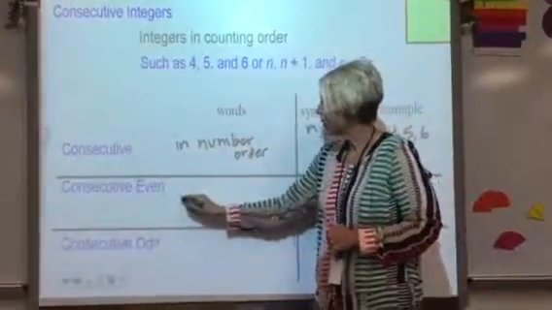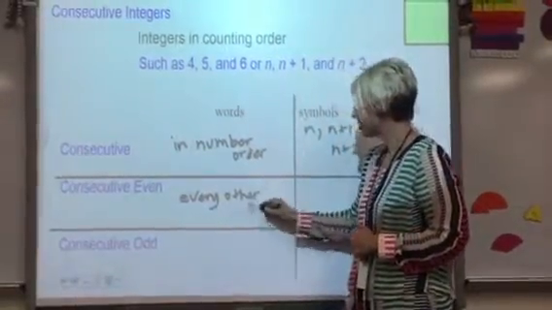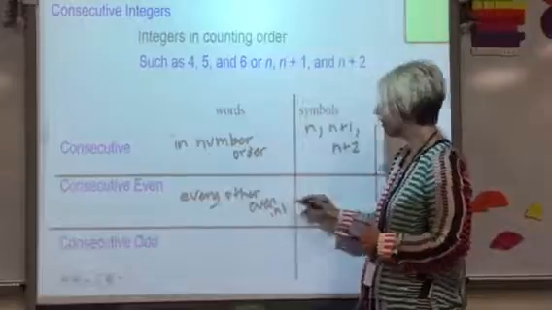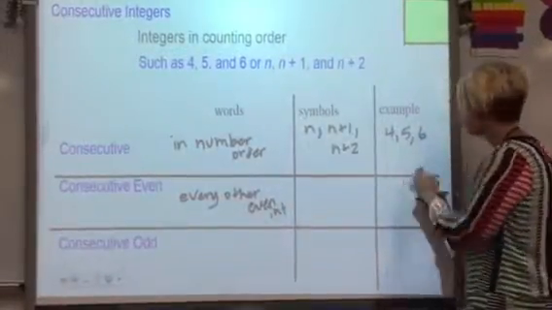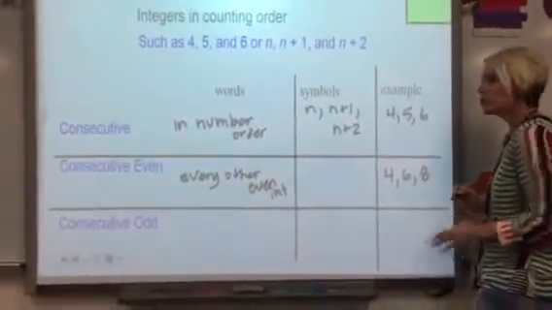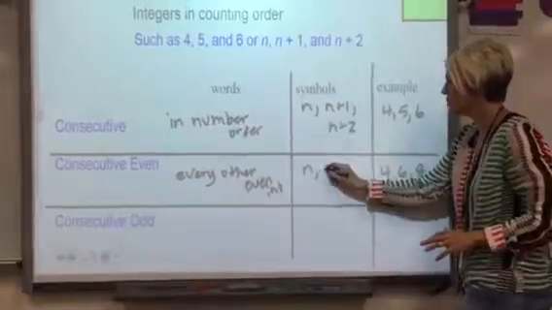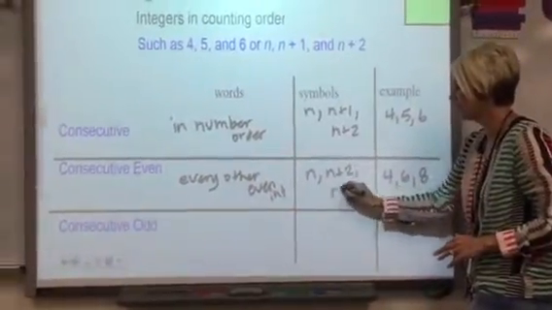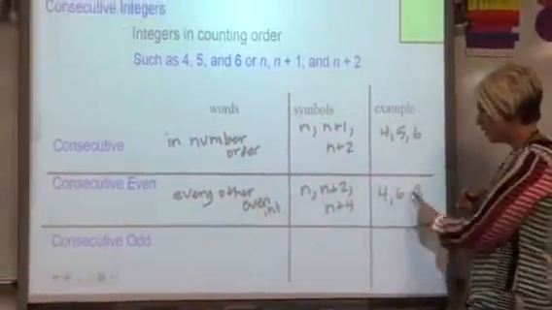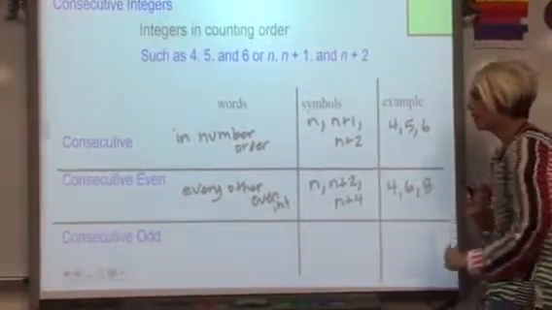Consecutive even would be every other even integer. Maybe let's do the real world example of that first. That would be like 4, 6, 8. So our symbols would be, if n is the first even, then n plus 2 is the next even, and n plus 4 would be the one after that. You can look at the real world example to see if that makes sense to you.